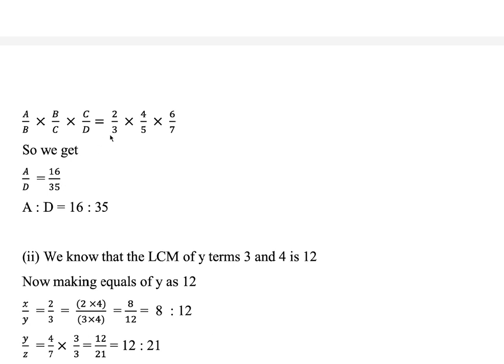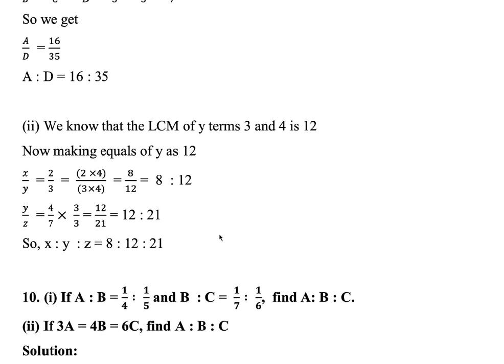So we can do the multiplication, that is 3 into 2 is equal to 6. Okay, so ultimately it is coming 2 into 4 into 2, and in the denominator part 5 is to 7, that comes to 35. So it is coming 16 is to 35, which will be the answer. Come to the next problem.